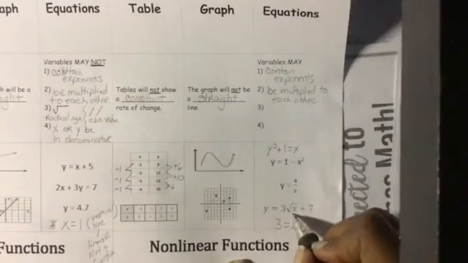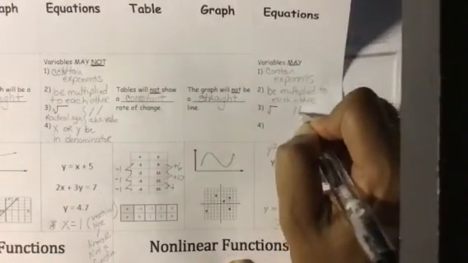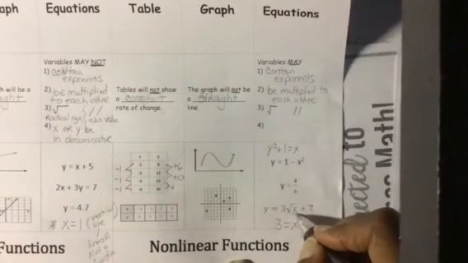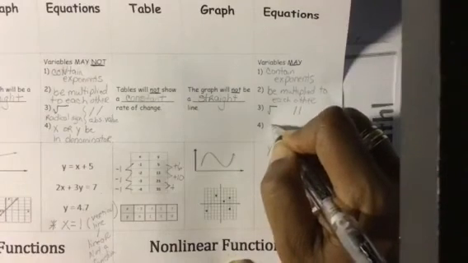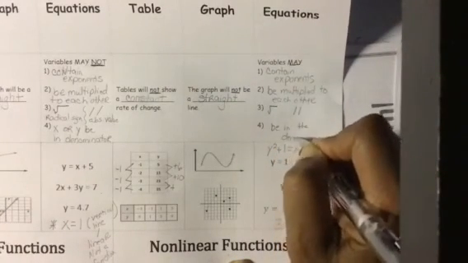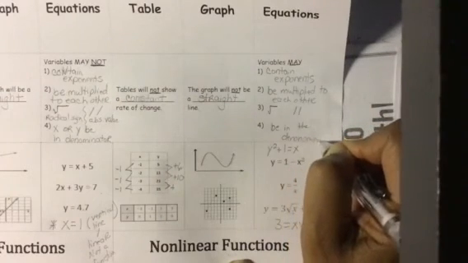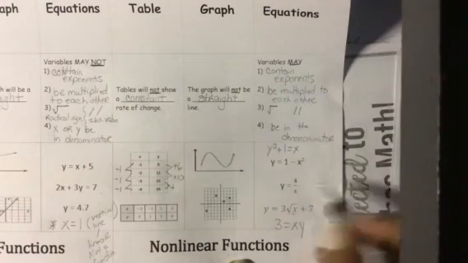So they may have a radical sign or an absolute value sign, such as this one, the square root. And 4, they can be in the denominator, such as this one, non-linear.